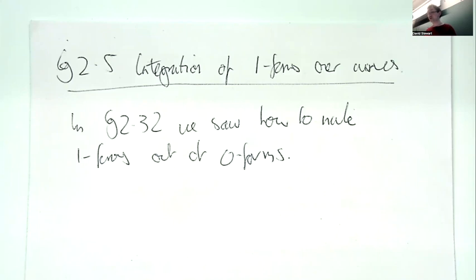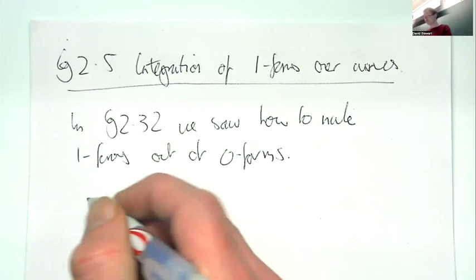Right, so we're going to consider integration of one forms over curves. It is going to be much easier to make sense of that. You can integrate two forms over surfaces, a bit like creating an area.